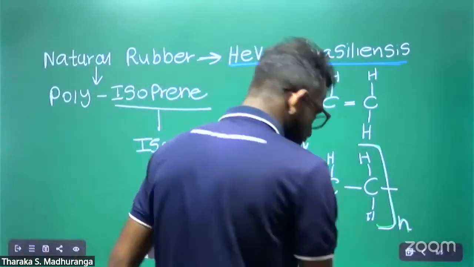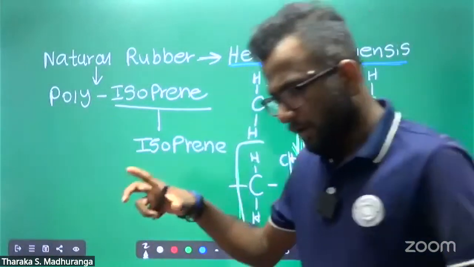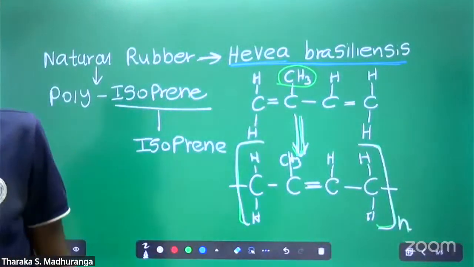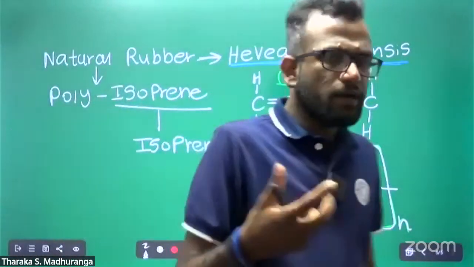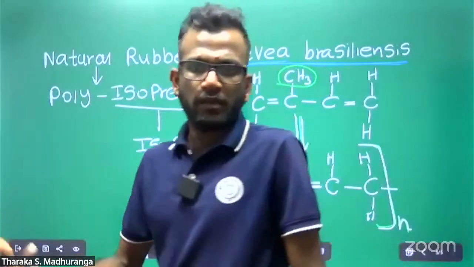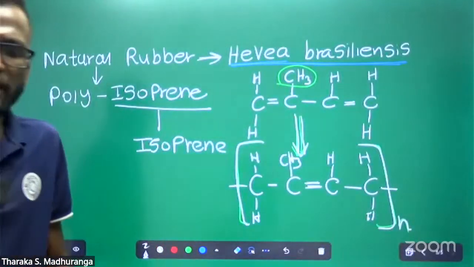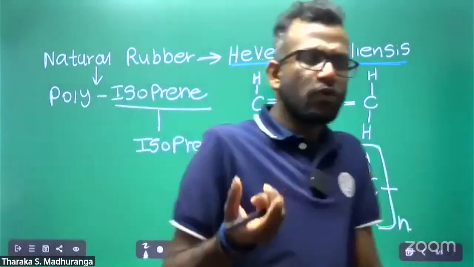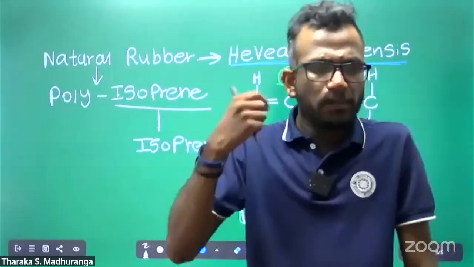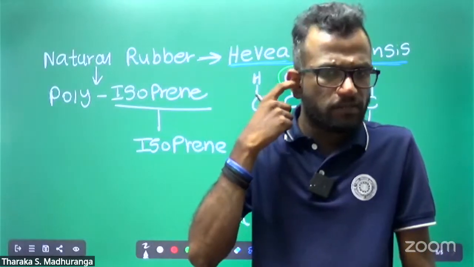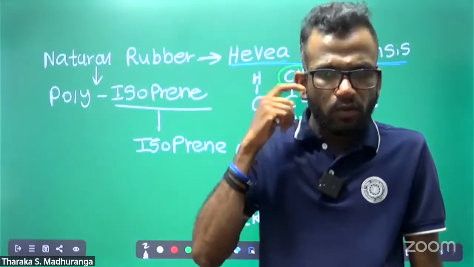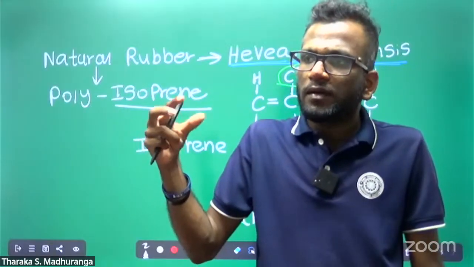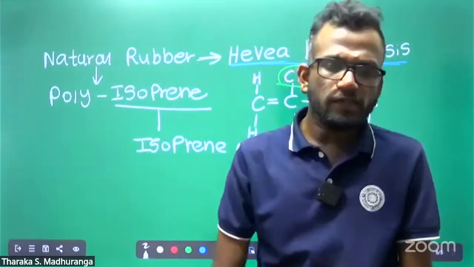Okay. Then after we collect latex, the polyisoprene after collection is like an aqueous solution. It contains a lot of proteins. The main component of latex is proteins. Normally, I think approximately more than 30% is protein.